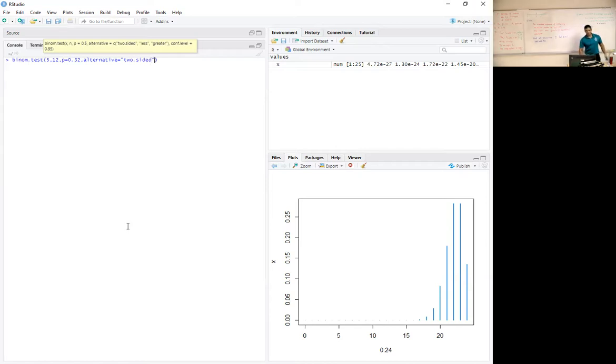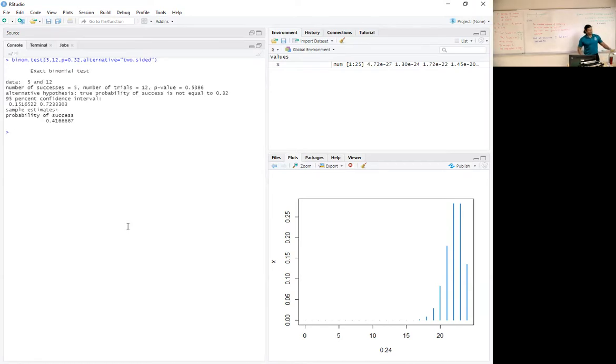And hit enter. Boom. Do you see the p-value up there? Can you see? Visible? No. What is the p-value? 0.5386. Isn't that what we had here? Yes. Now, the other two problems that we did, right and left hand, try it at home. It will match up.